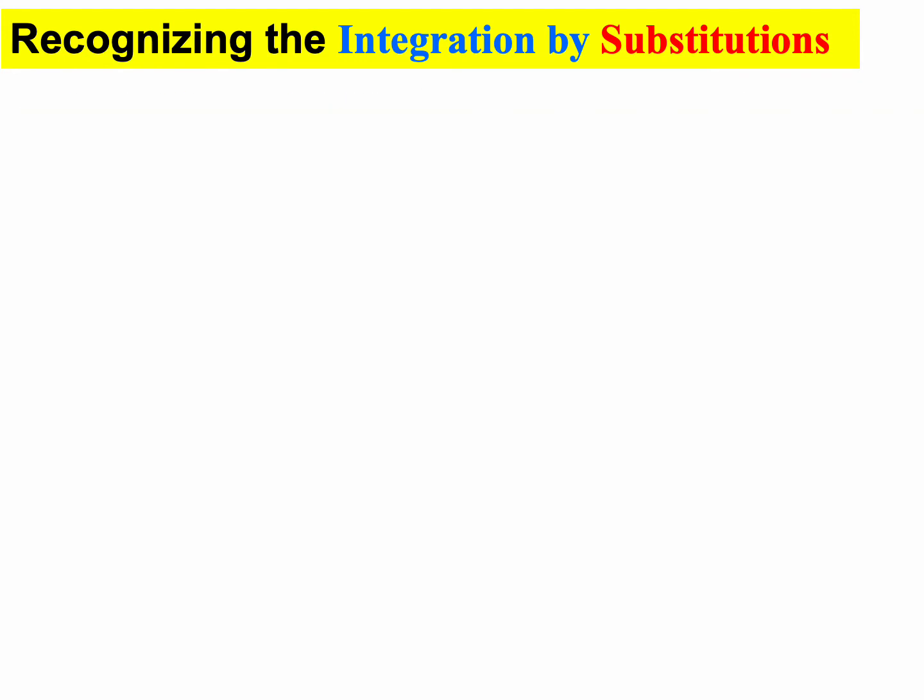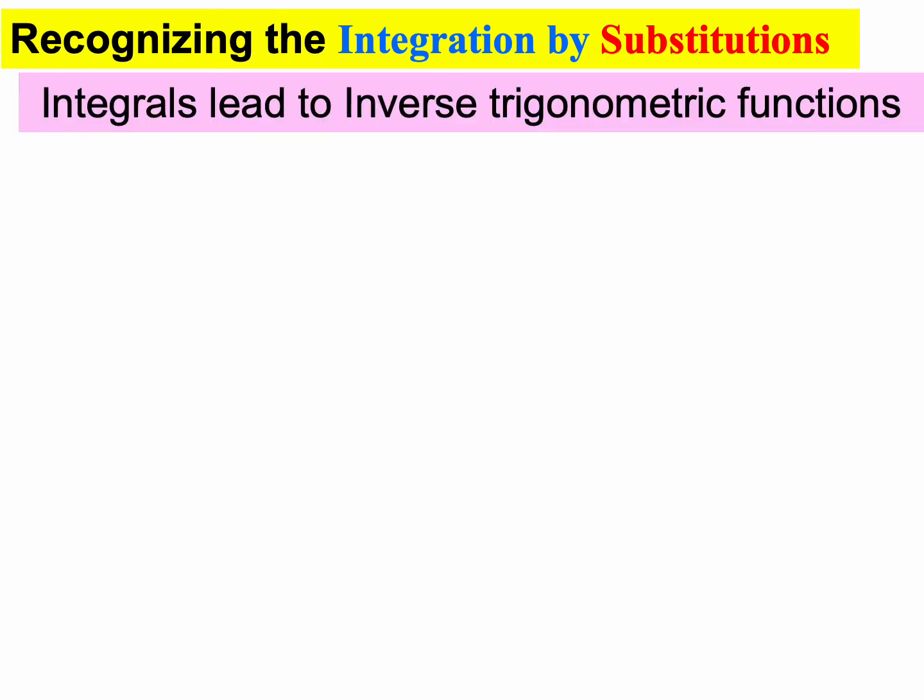Now let's go to more ideas about integration by substitution, which is when we have integrals that lead to inverse trigonometric functions. First, we need to recall the shapes of integrals that lead to inverse trigonometric functions. When we have the integration of 1 over 1 plus x squared, easily we know it is arctan or tan inverse.